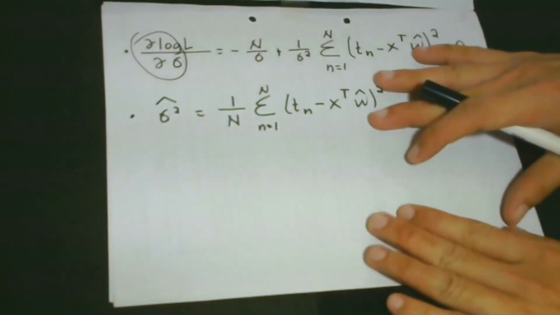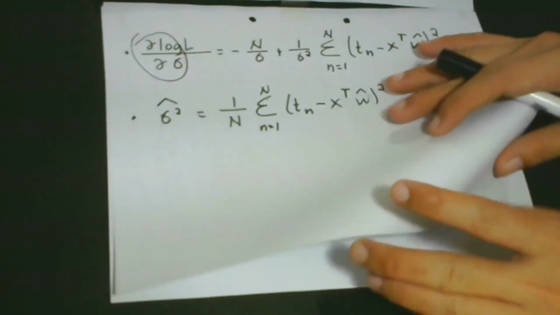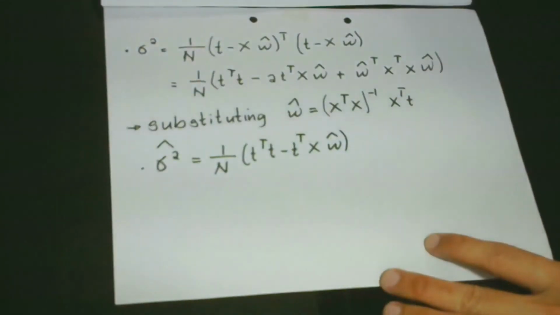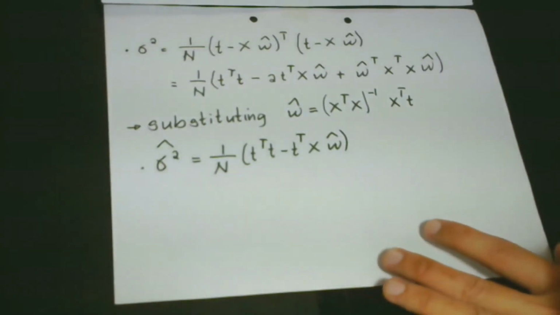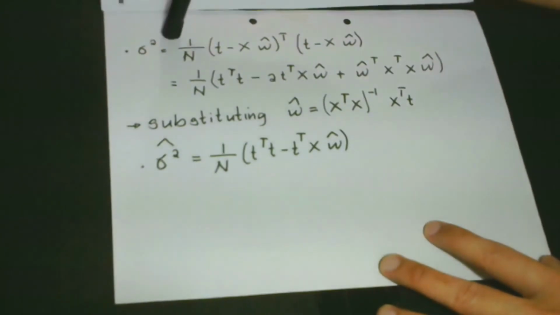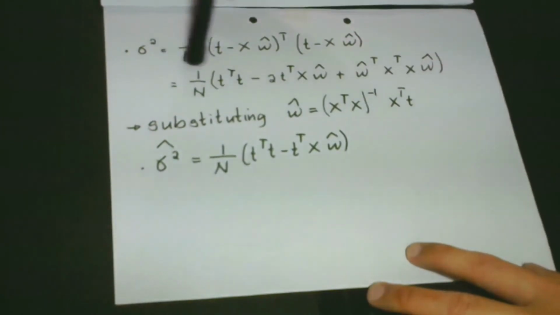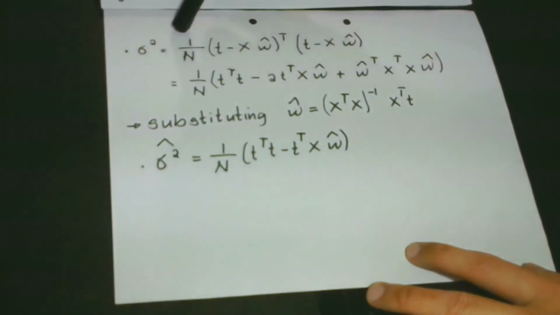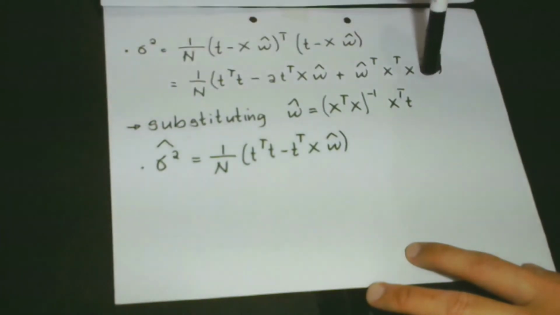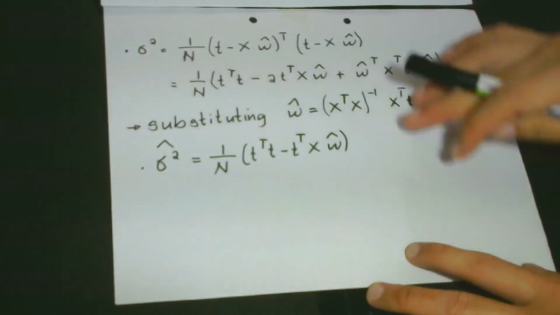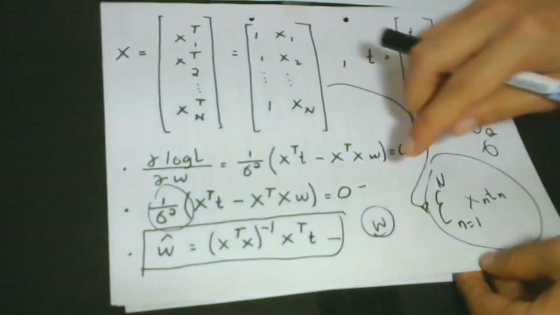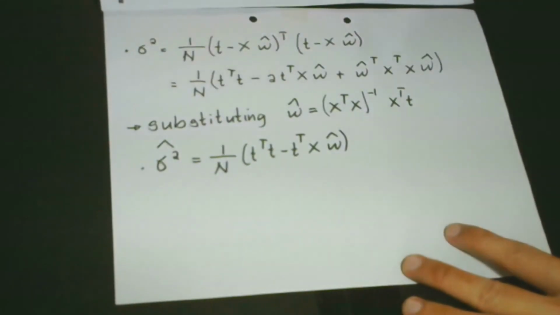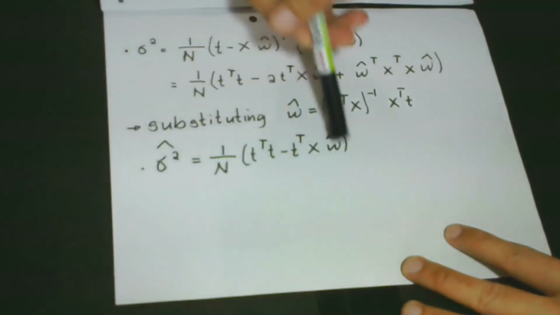For proper understanding, we're again going to use the matrix version of processing to get the optimal value of our sigma squared. We use this process to get the value, and when we substitute the value of w hat, this one, we arrive at this expression.